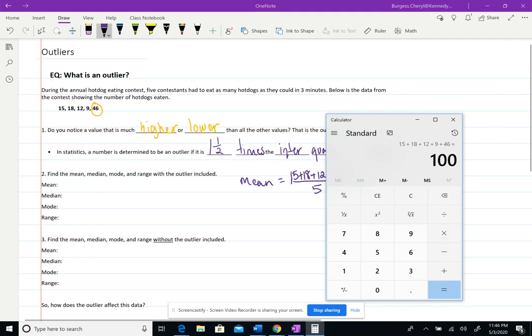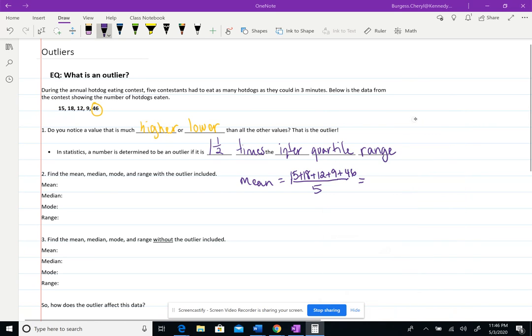Okay, and we'll divide by 5. So our mean is 20, right? 100 divided by 5 is 20.